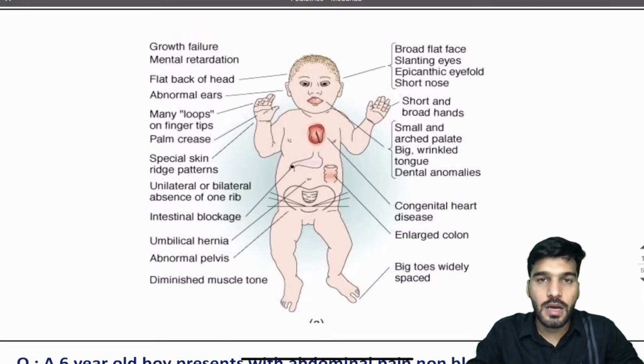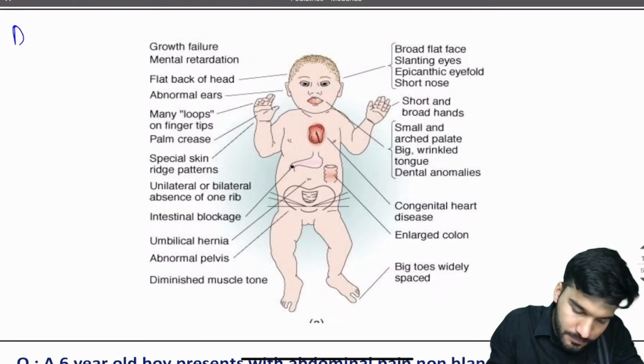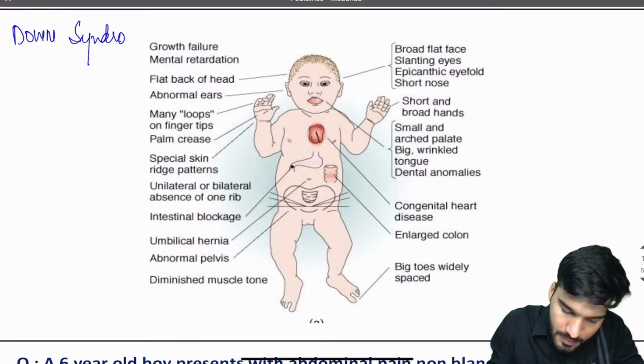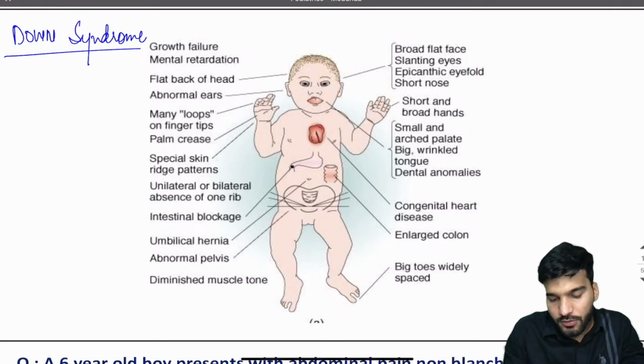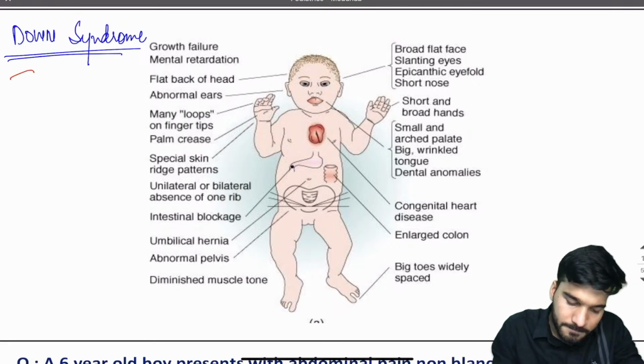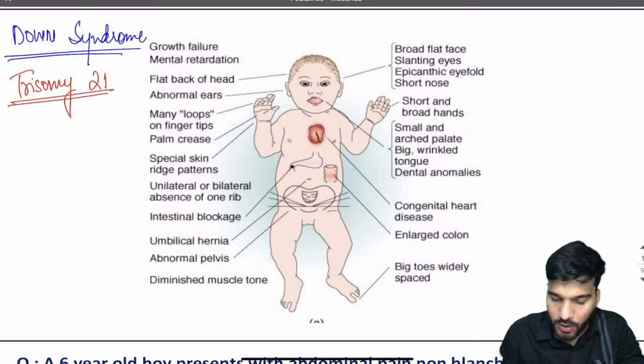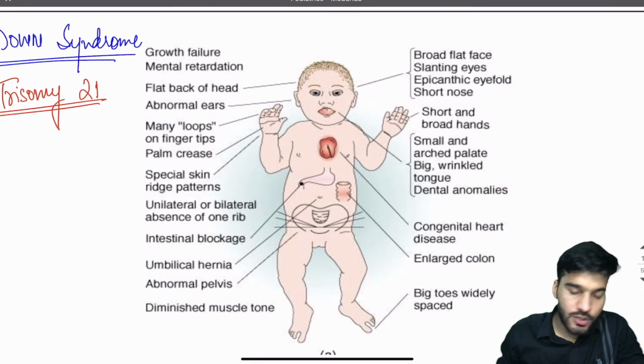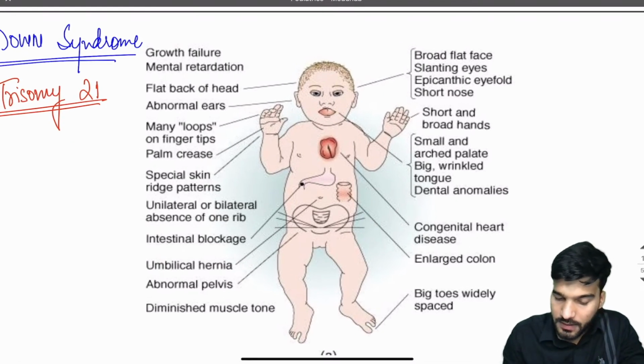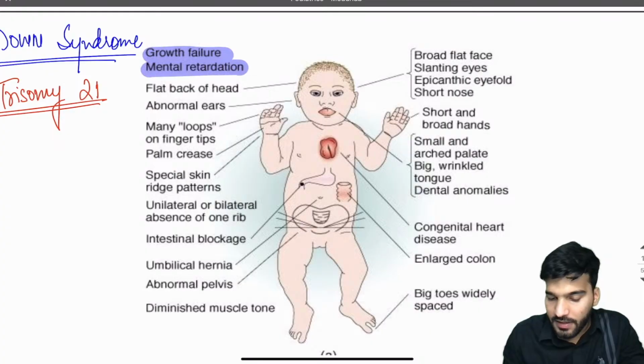So let's discuss Down syndrome. You all know Down syndrome. It's going to be trisomy 21. What are the features of a patient having Down syndrome? First one, there is growth failure, mental retardation.